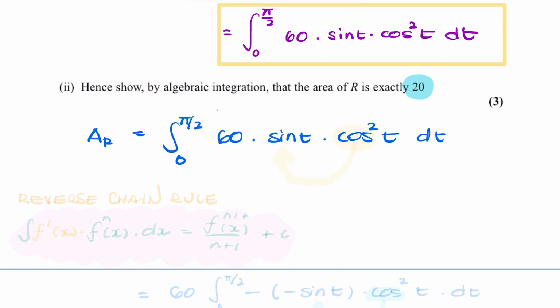Now, how would we integrate this? If you look carefully, it looks like the derivative of cosine is negative sine, so it's as if we've got the derivative multiplied by the function, so we can use the reverse chain rule. Let me remind you about the reverse chain rule.